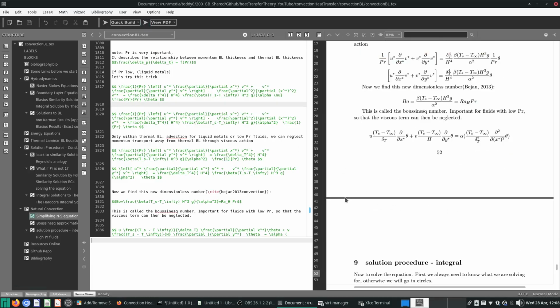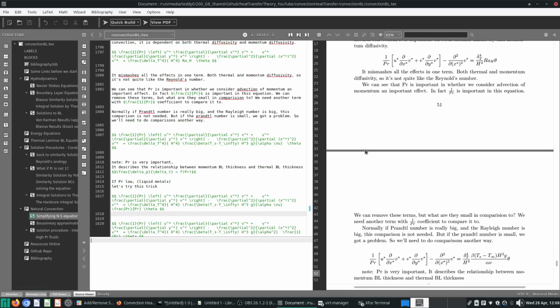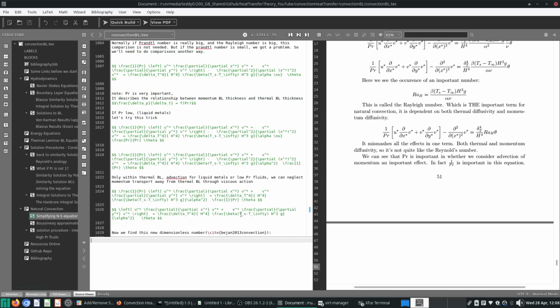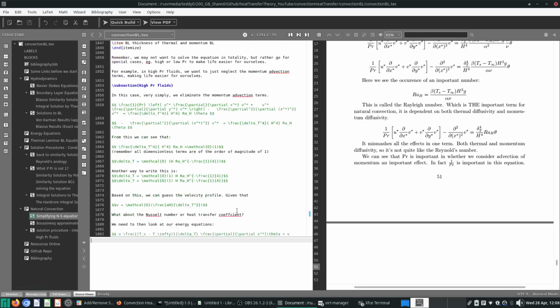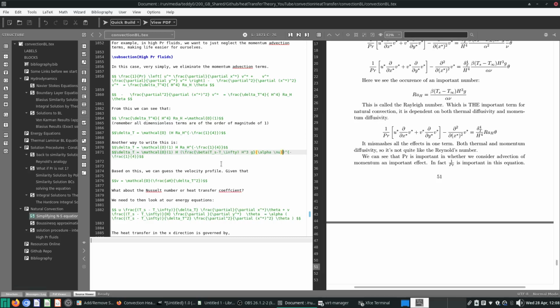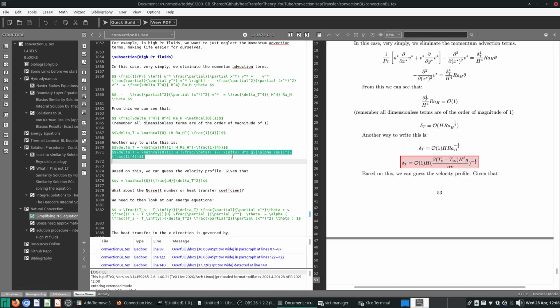This is an interesting insight. Now substitute the Rayleigh number back in here, and we shall see what actually comes about. We can see the dependence on H here.